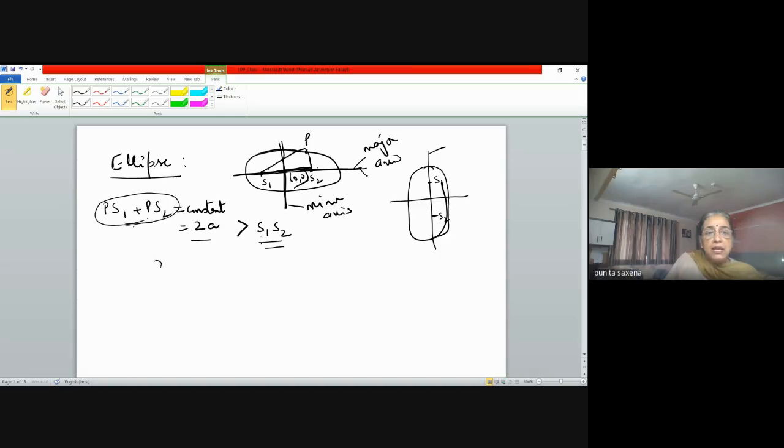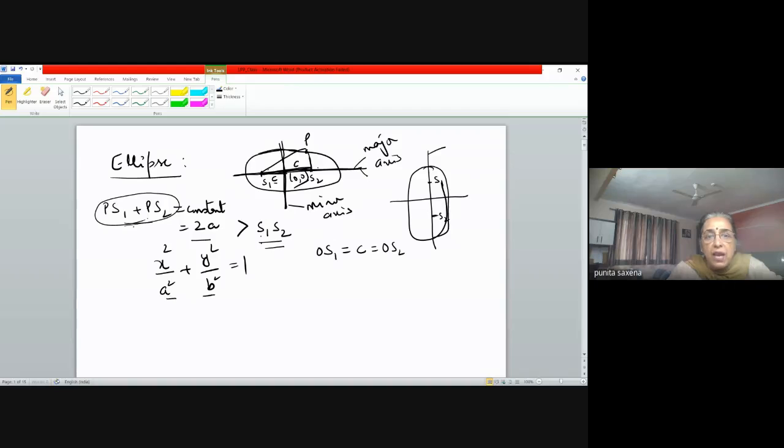So a general equation of an ellipse is x square by a square plus y square by b square equal to 1. If I let the distance from the origin to one fixed point be C, so OS1 is C, this has to be equal to OS2 also, because they are equidistant from the origin.